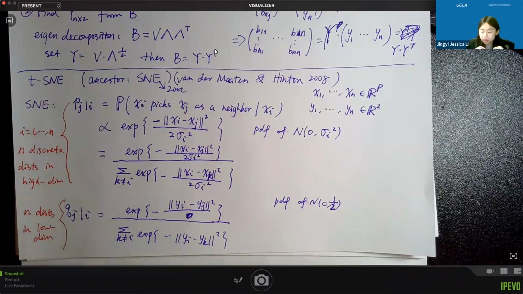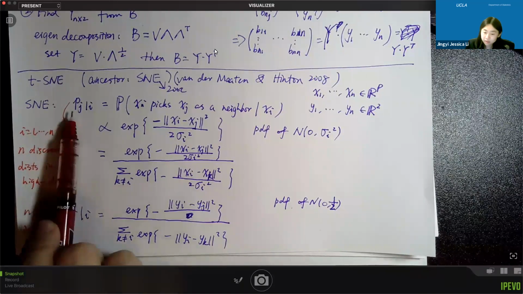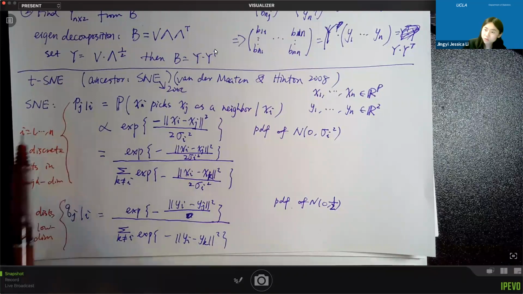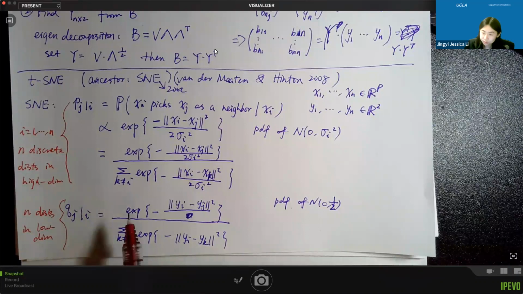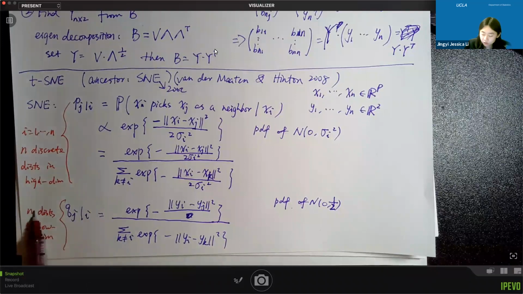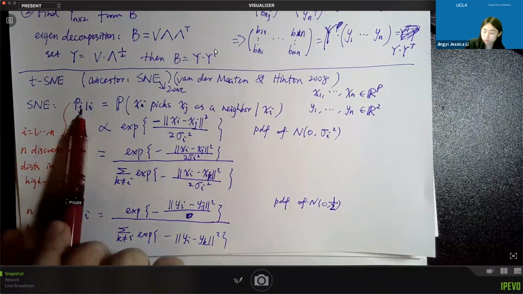So what does that mean? It means that you have some reference distribution, and that reference distribution here is P. That's our reference. And you want to find another distribution similar to this reference, and the distribution to be found is Q. So it becomes an optimization problem to find the Q such that each Q_i distribution is close to the P_i distribution.